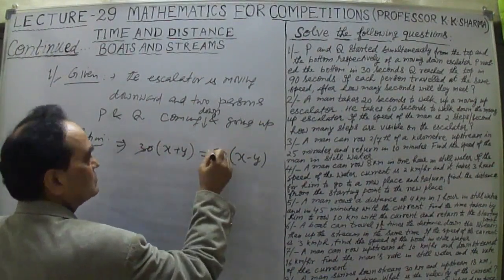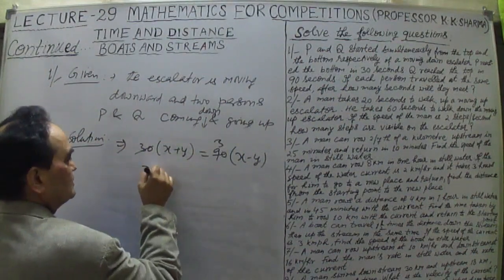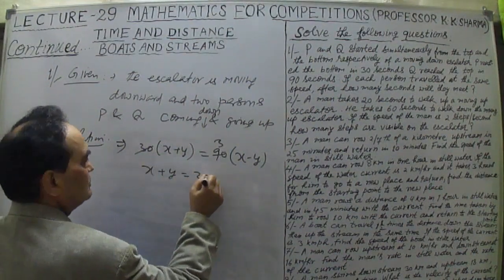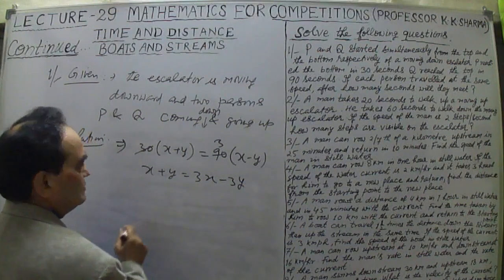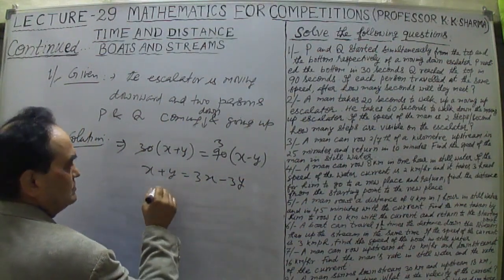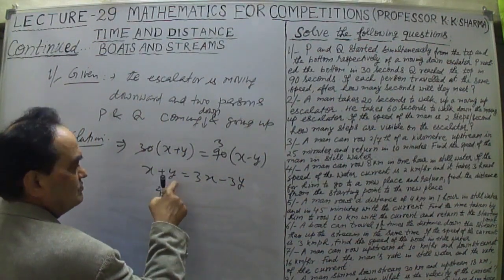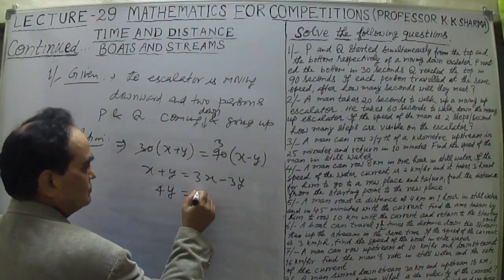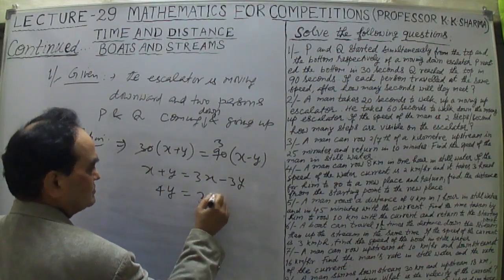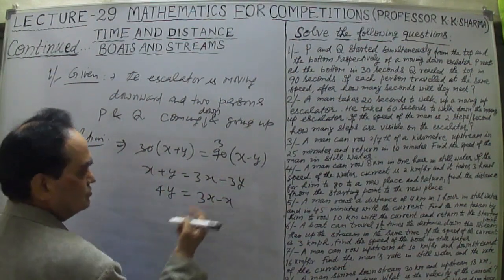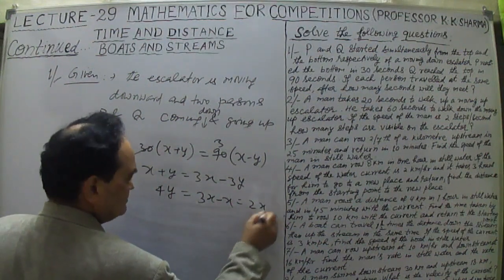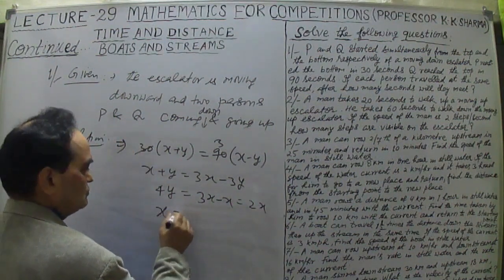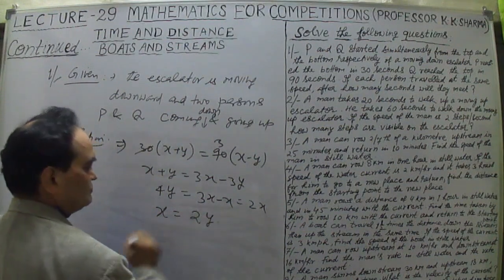So x plus y equals 3x minus 3y. Take minus 3y to this side, so 3y plus y is 4y, equal to 3x minus x, which is twice x. So x is equal to twice y.